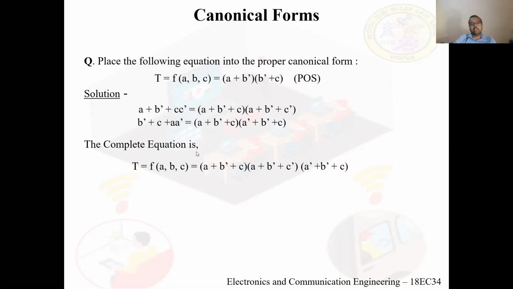So what is the complete equation here, and remove the redundant terms. Now you can see that these two terms are the same, so you can write it only once. So what is the final canonical POS equation? T is equal to (A or B bar or C)(A or B bar or C bar)(A bar or B bar or C).